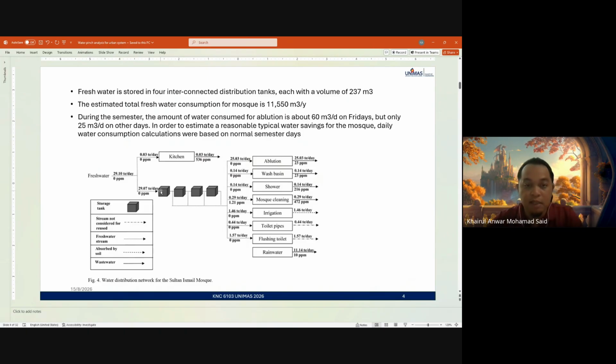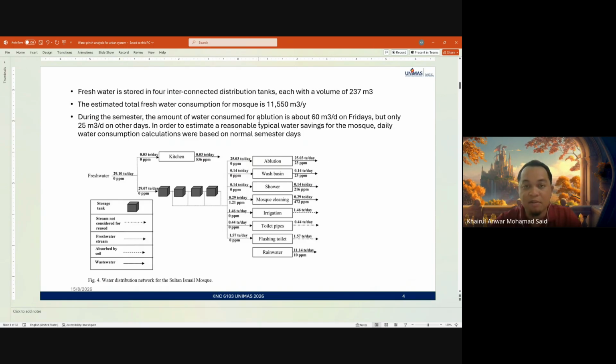Each tank here is a gray rectangle, a cube. The volume is 237 meter cube. During the semester, this is the case study.